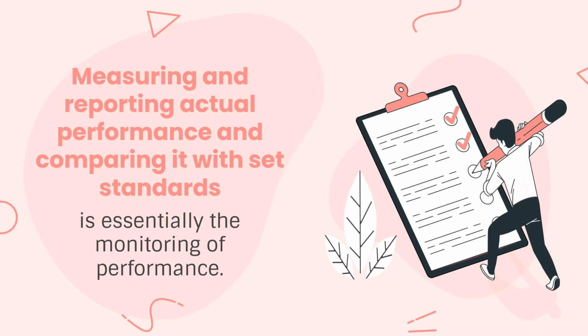Next is measuring and reporting actual performance and comparing it with set standards. So it is essentially the monitoring of performance. To be able to do this, managers must develop appropriate information systems which will help them identify, collect, organize, and disseminate information.